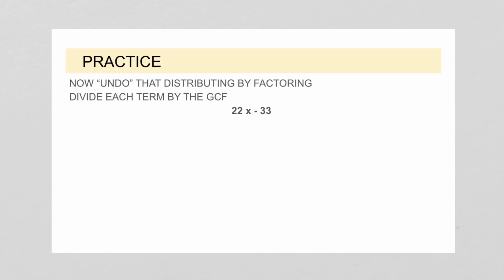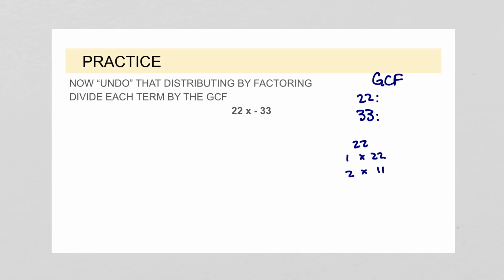Okay, so now we're going to practice the undo, which is the factoring. So I'm going to find the GCF of 22 and 33. Well, I can use my list method. 22 has 1 and 22, 2 and 11.